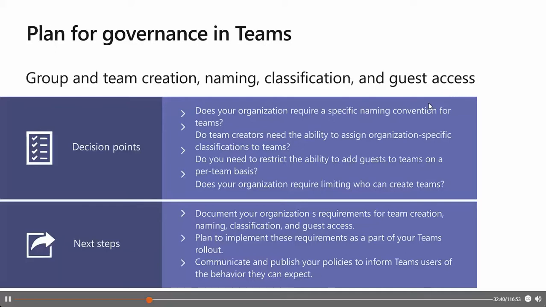Do the team creators need the ability to assign organization-specific classifications, and so on? And obviously, the next step you should take is to document your organization's requirements for team creation in terms of naming, classification, guest access, and so on, and to implement the different requirements you have in your specific Teams rollout.